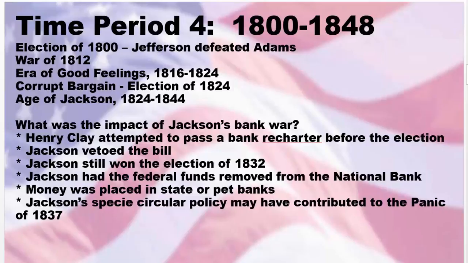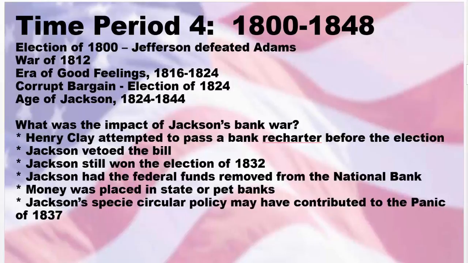And they were pretty confident Jackson would veto the bill, since he was known as King Veto, having vetoed more bills than the first 6 presidents combined. And that would help Henry Clay get elected because he'd be able to use it in his campaign with the people. Well, all of that happened.